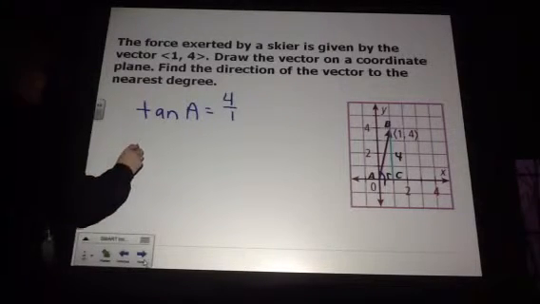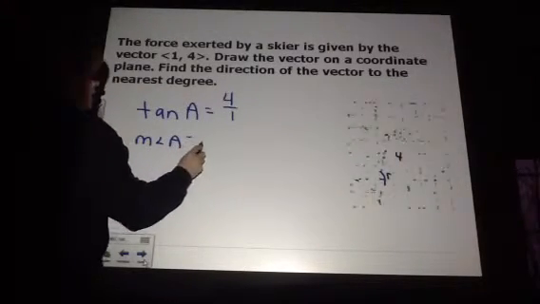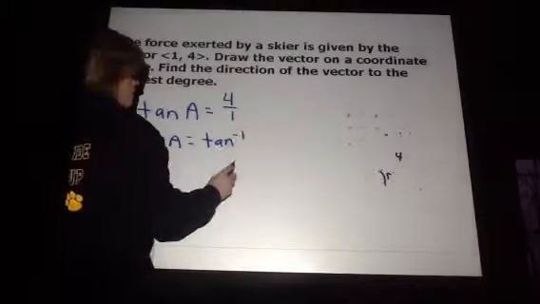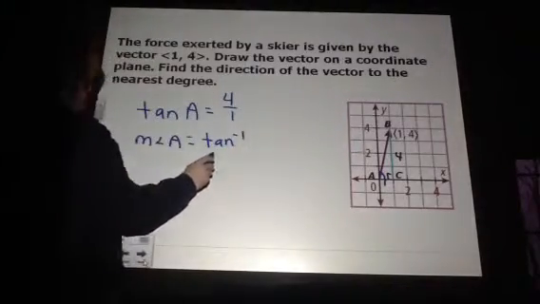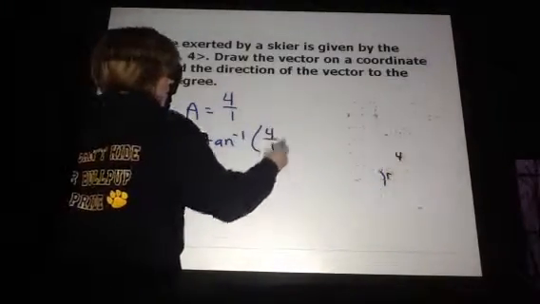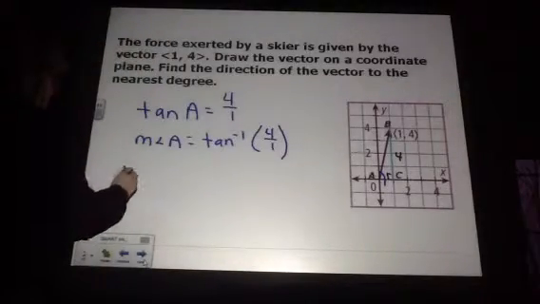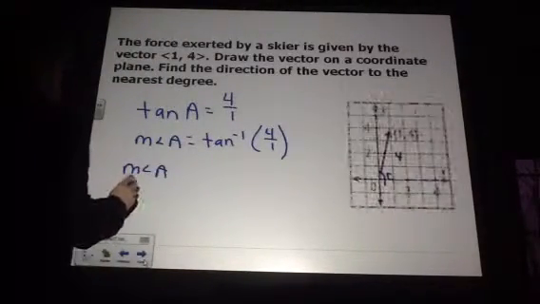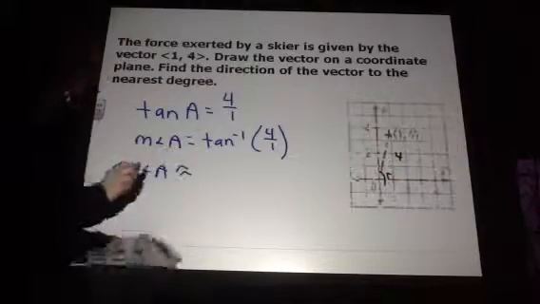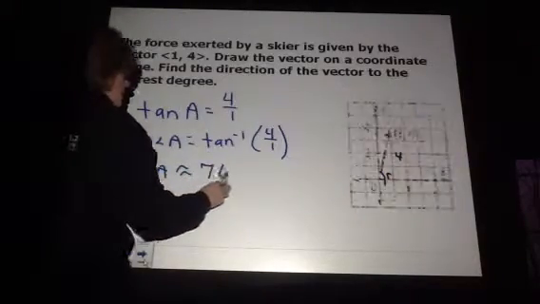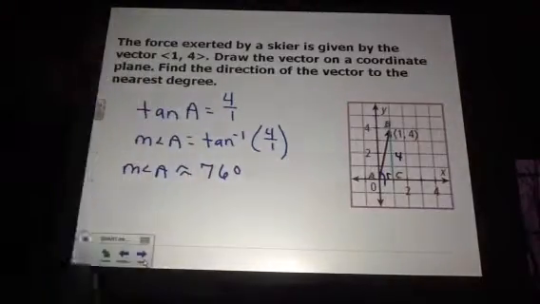All right, because we're trying to find angle measure, we're going to take the inverse tangent of 4 over 1. So the measure of angle A, rounded to the nearest degree, is 76 degrees.